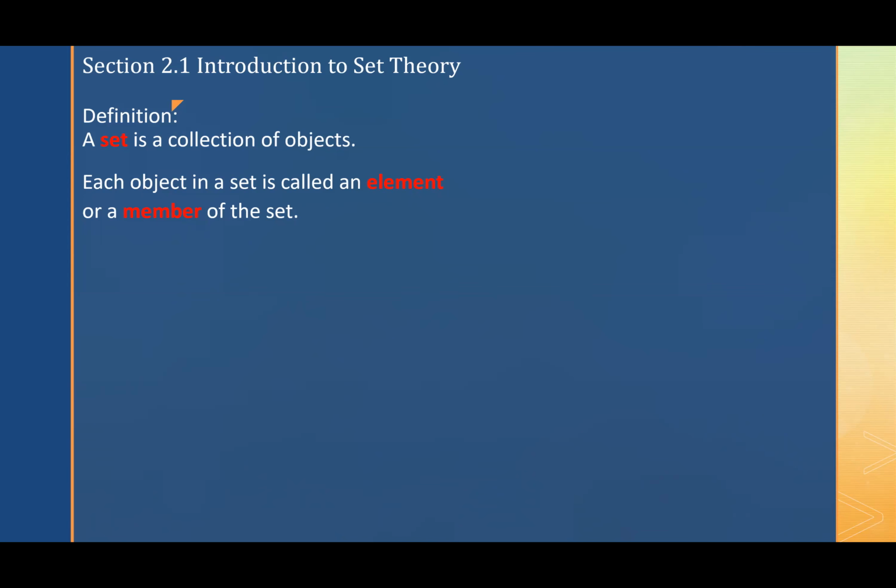So a set is a container or a collection of some items that you want to collect. And inside a set, we call each of the items an element or a member. So if I say a set of the students in Math 120 section V10, then each one of you will be an element or a member of that set.